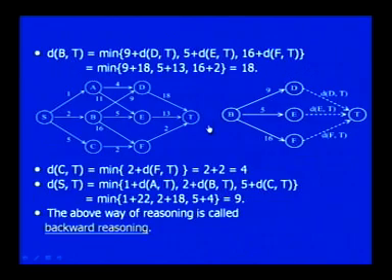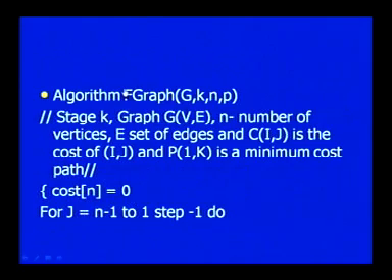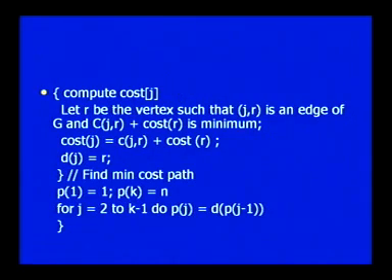You can see in the previous example, in this particular case, it is going to be 4 plus cost of d to t. This is one option. Another option is 11 plus 13. So, you can see very well we are choosing the minimum, and we are going to the path that is dictated by this minimum.